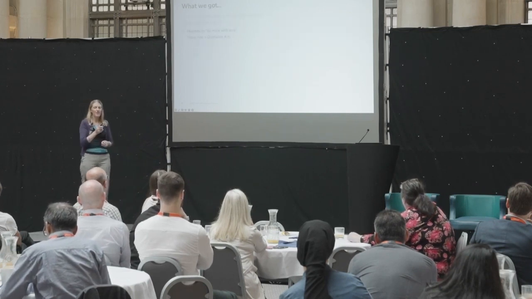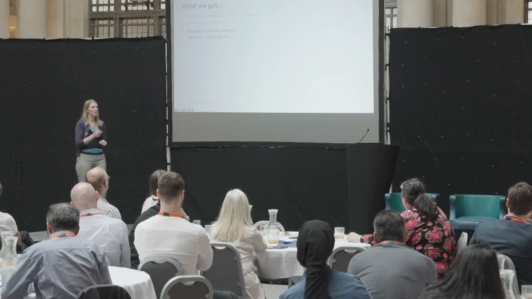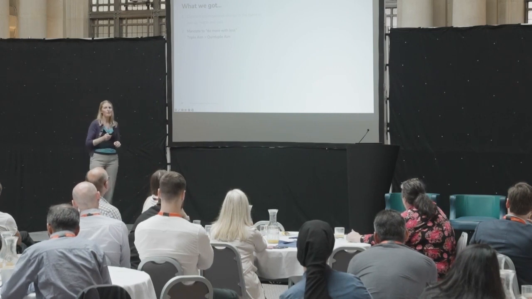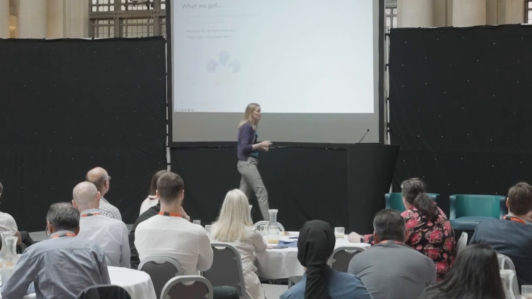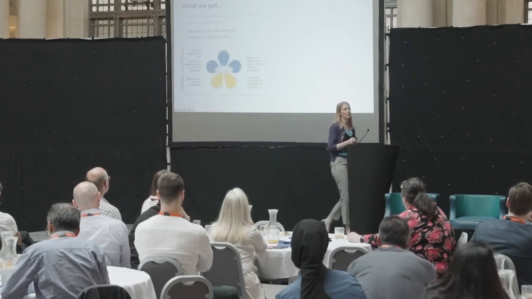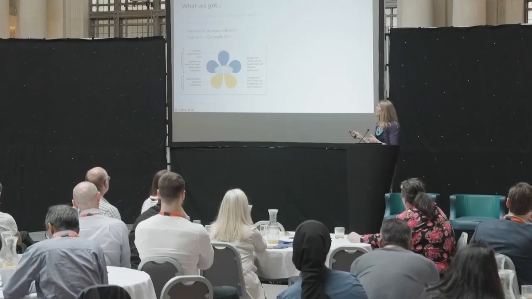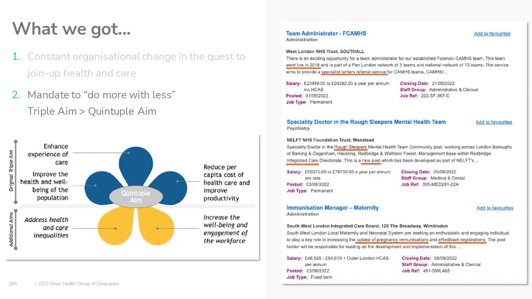Secondly, and this is also common across many different jurisdictions, the triple aim became a quintuple aim. So not only did we have to try and reduce the cost of care, improve the patient experience, and improve outcomes, we were also awakened to the realization that the well-being of our staff was critical, and we need to somehow figure out how to close those care gaps and those inequalities, basically do more with less.